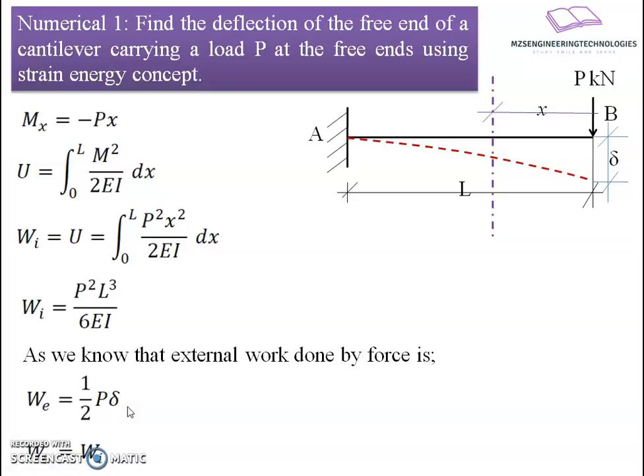We say there is an equilibrium between the external work done and the internal work done by the body during the application of the load and deformation. After equating, we have 1/2 of P into delta equals P square L cube divided by 6EI. After some simplification, we get delta equals P L cube divided by 3EI. This is the way we can find the solution with reference to the concept of strain energy.